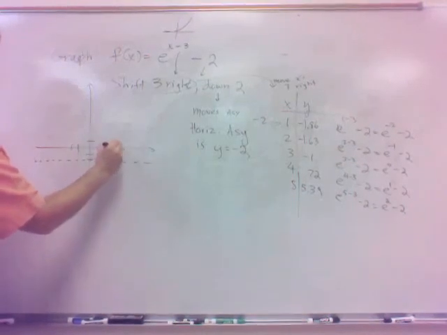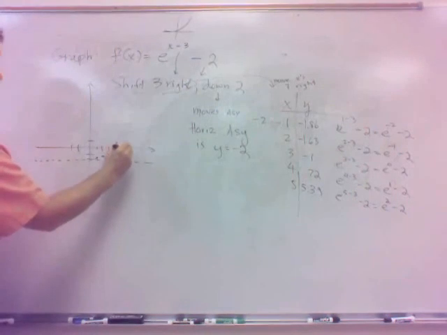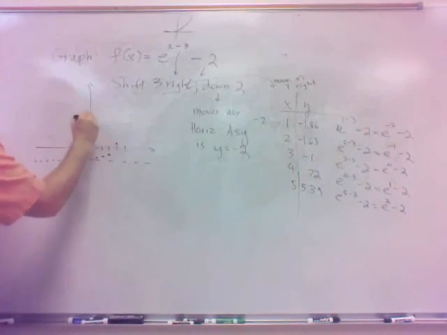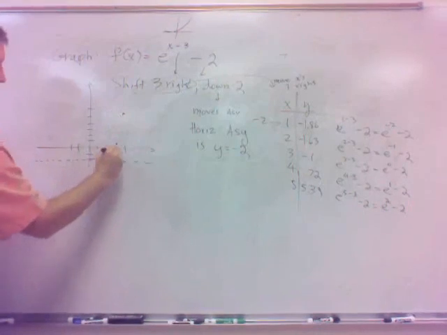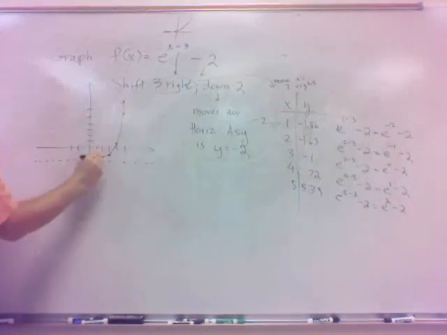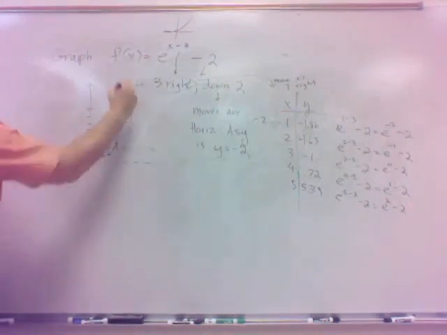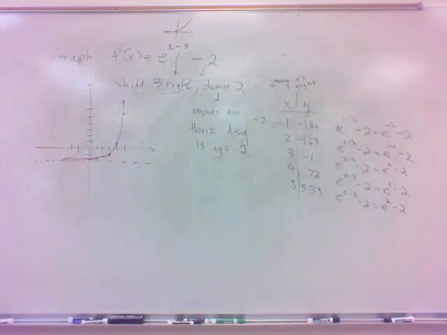And 5, I'm at 5.39. So there's our horizontal asymptote, like we said, at -2. Okay? All right. So as far as graphing, that's the basics of it.